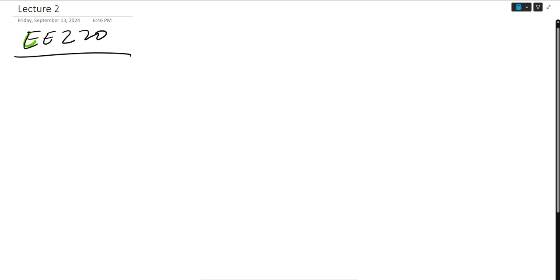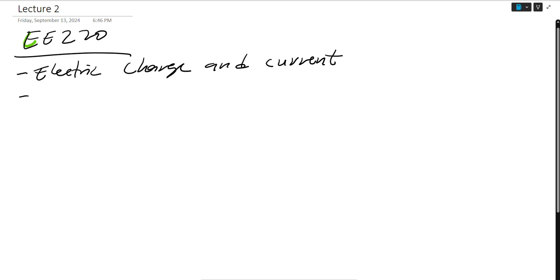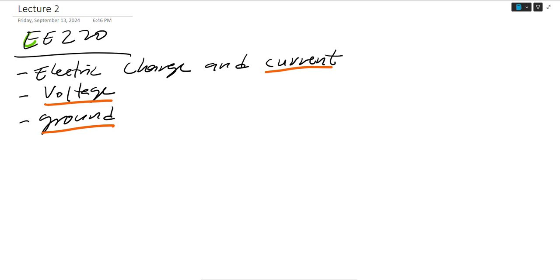And today, the main things we'll be talking about are electric charge and current. We will be talking about voltage, and we'll be talking about ground, where these three things here, current, voltage, and ground, are used a lot by electrical engineers, but I feel like most people don't know what they are.